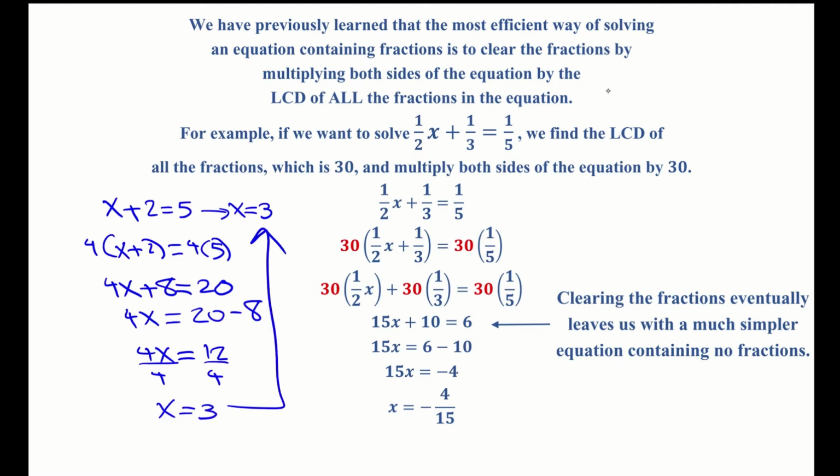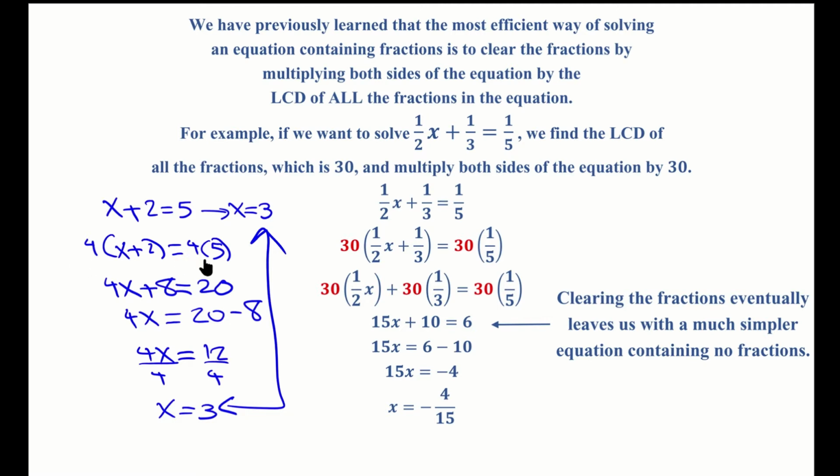Notice, same solution. So when we say this equation and this simpler looking equation with no fractions are equivalent, we mean they have a similar relationship to x plus 2 equals 5 and 4x plus 8 equals 20. Because this one is just a multiple of that one, they're going to have the same solutions.